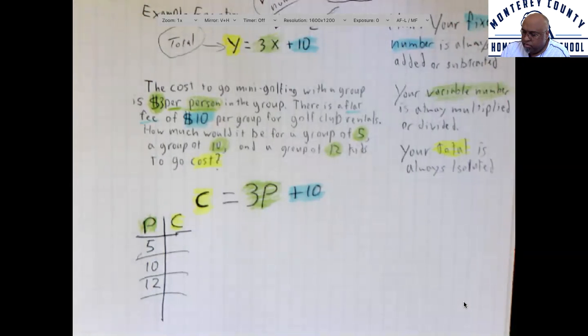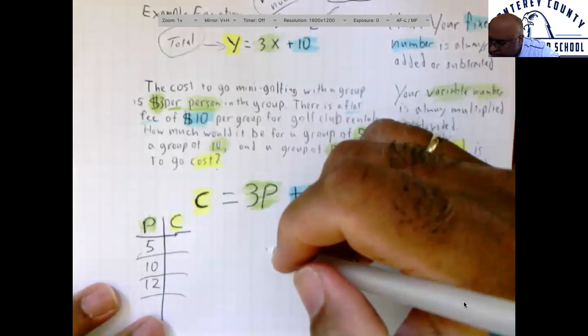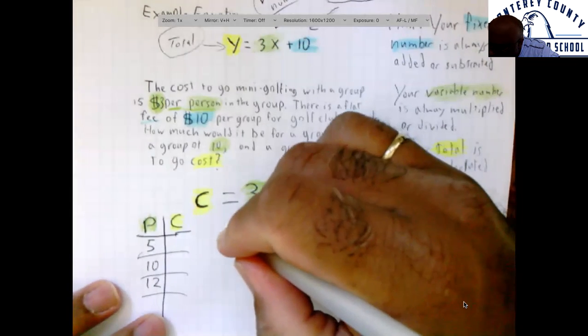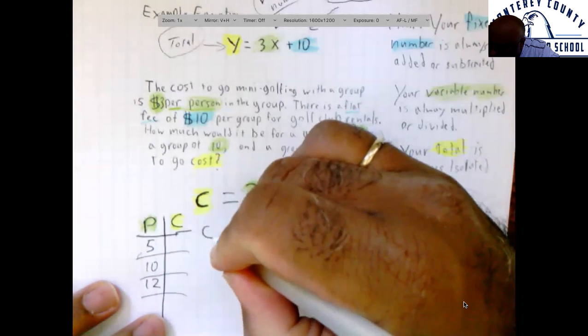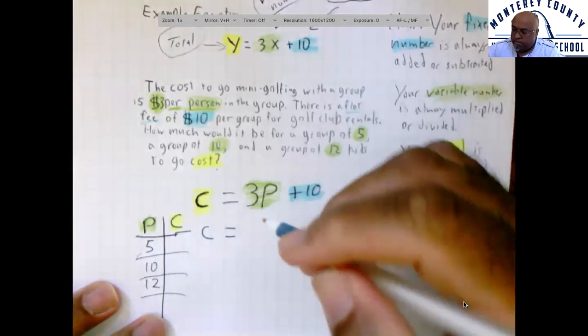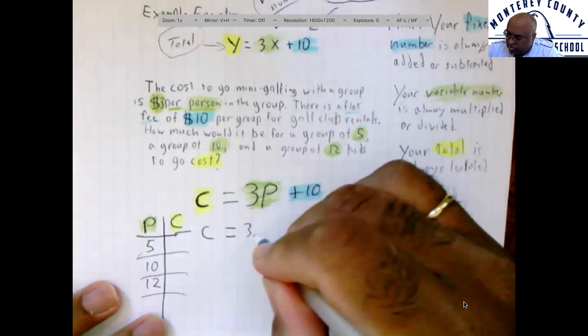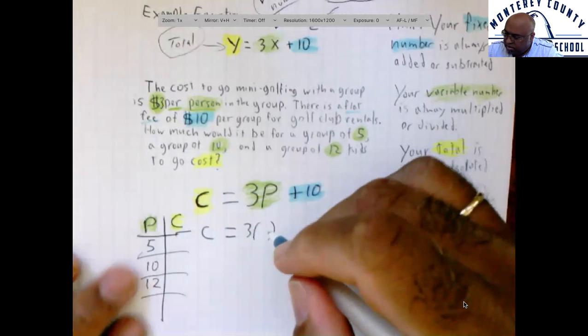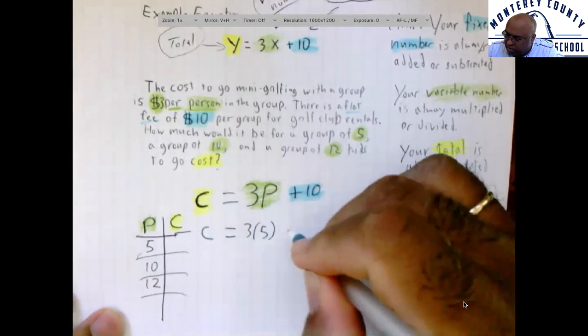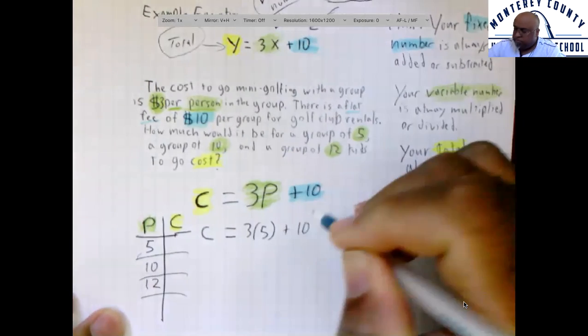Now, the cost is $3 per person plus a flat fee of $10 per group. Okay. So I can rewrite this as C is equal to 3 times, and in this case, it'll be 5 people plus 10.